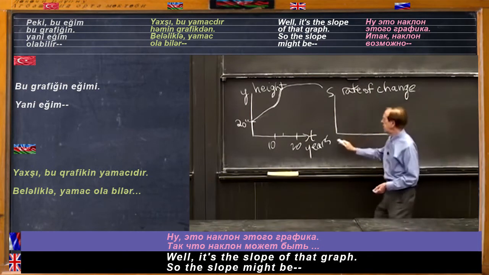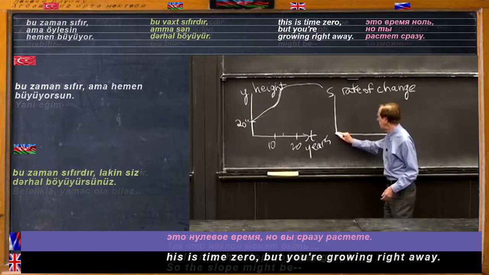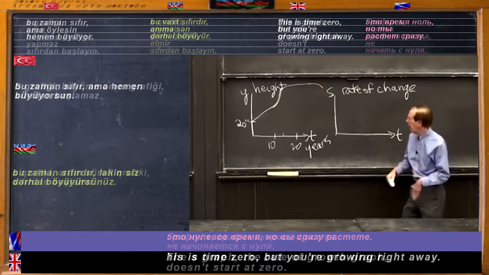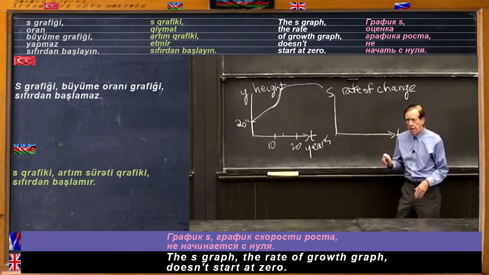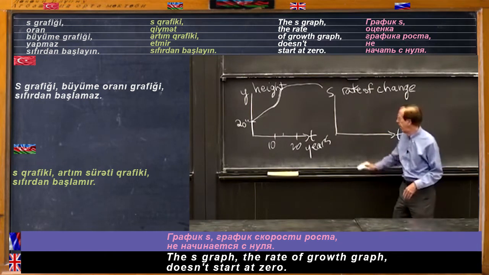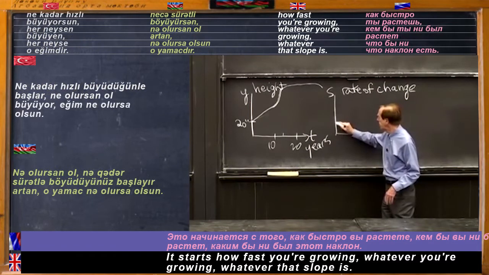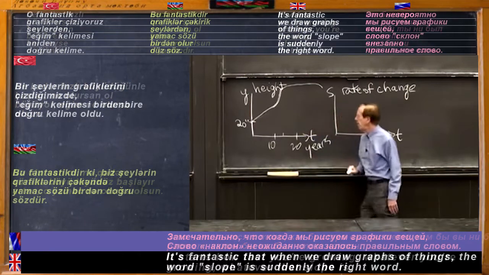Well, it's the slope of that graph. So the slope might be, this is time 0, but you're growing right away. The S graph, the rate of growth graph, doesn't start at 0. It starts at how fast you're growing, whatever that slope is.